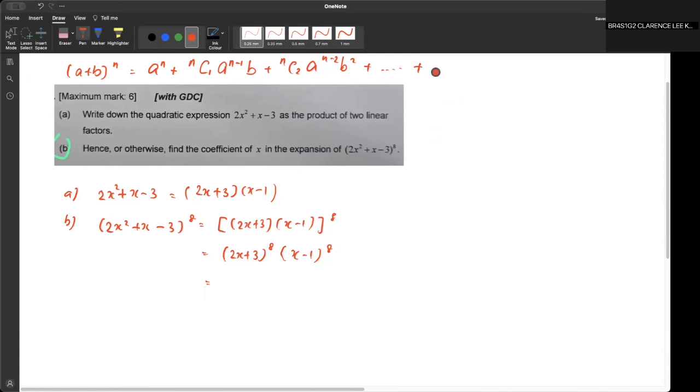If we look at the formula, what is the second last term? It is going to be nC(n minus 1), a to the power of 1. You know the power of a keeps decreasing, so it will decrease to a to the power of 1, and the power of b keeps increasing.